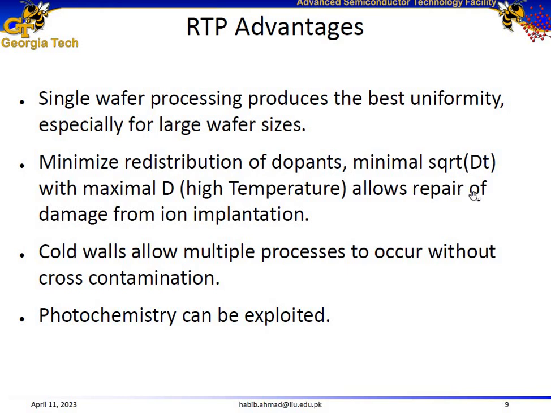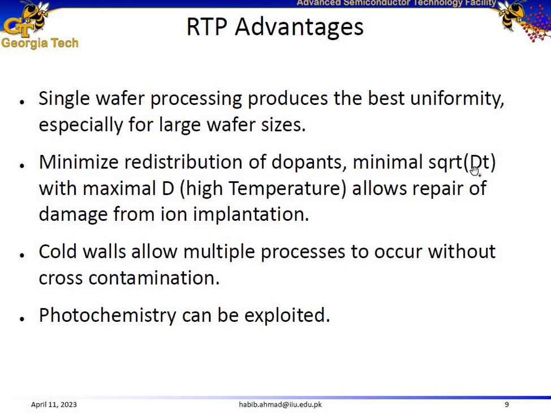When you provide heat to atoms inside a crystal lattice, you basically have two parameters. One is the diffusion coefficient of those atoms, or the lattice atoms. And the second one is the amount of time that you heat up your wafer.